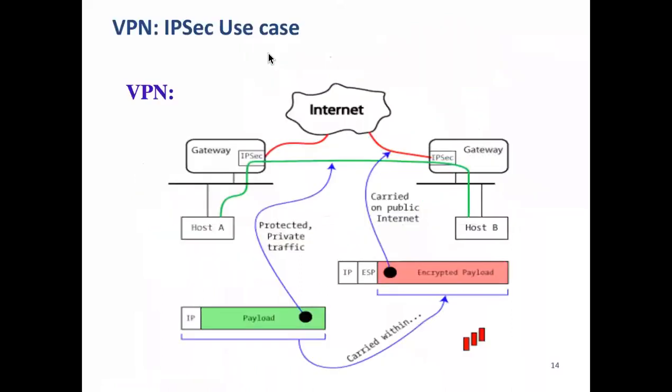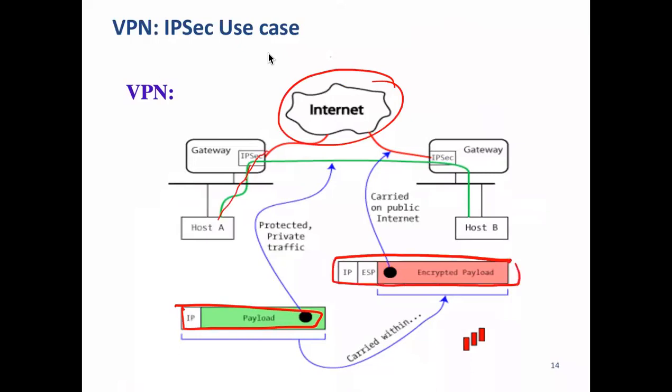All right, so this is another view. Let's assume that any host, machine, or laptop creates an ordinary IP packet. But the moment it goes through the gateway, and the gateway is connected to the internet, it will create a new packet, where this packet goes inside another packet and is encrypted, and another header is added here.